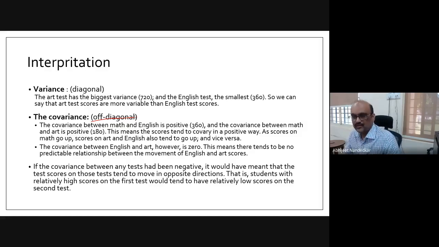So that is what we have said earlier: if A is increasing and B is increasing, they are in positive relation. If A is increasing and B is decreasing, they are in negative relation. And if they are not at all related, you will get zero entry.